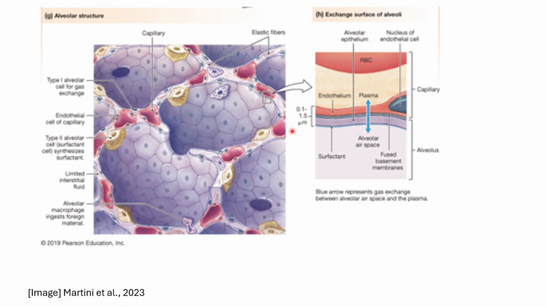Then we have the interstitial fluid, which is very limited. This is the fused membrane, and this is the alveolar epithelium. This surfactant is the thin layer, light or slightly darker blue in color, secreted by a type 2 pneumocyte.